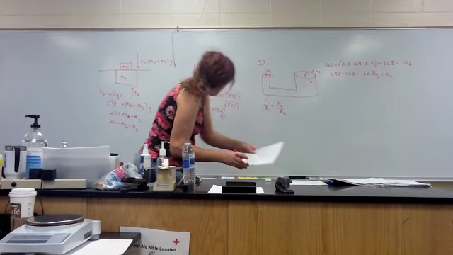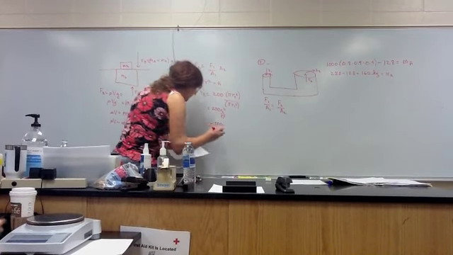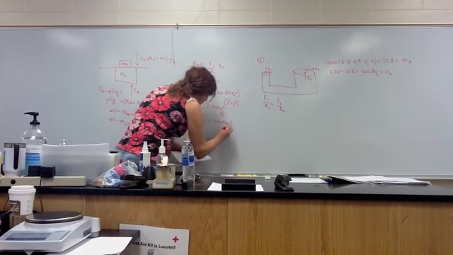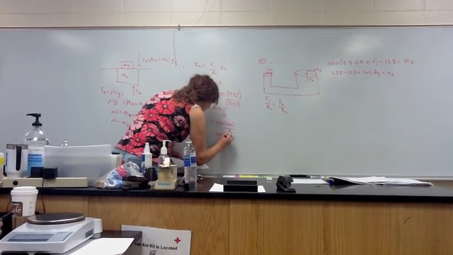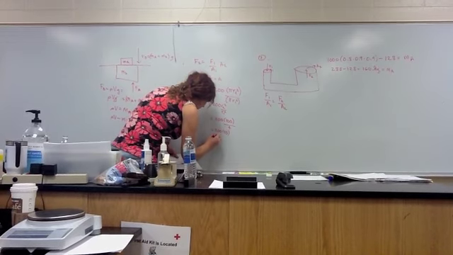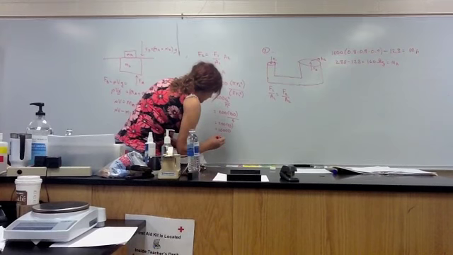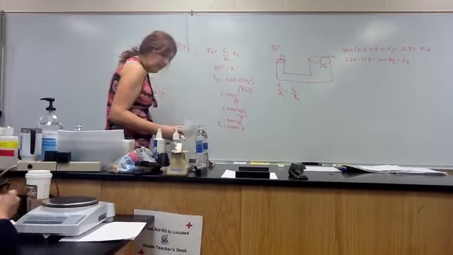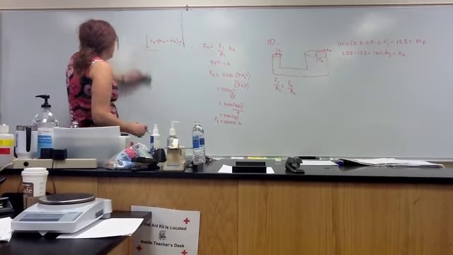In one case up top we have 10, so 10 squared or 100. In the bottom we have 2, so that's 4. So we have 200 times 25, and that should be 10,000. So you can exert a force of 10,000 newtons if you have the work amplification device set up.